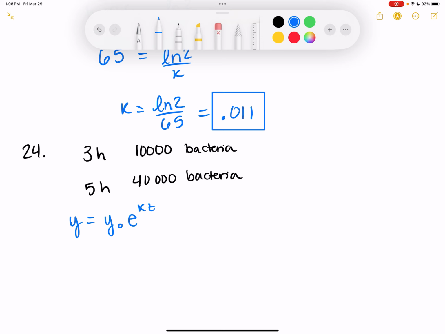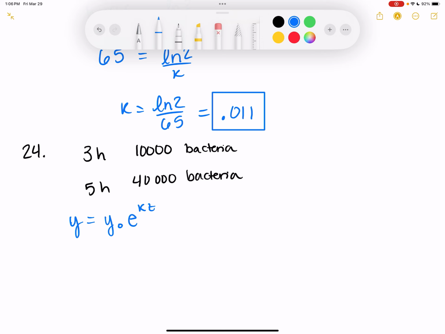So by using the numbers that I'm given, I can find out what my decay or growth constant is. Okay, so what k is. Because I have all the rest of the stuff.